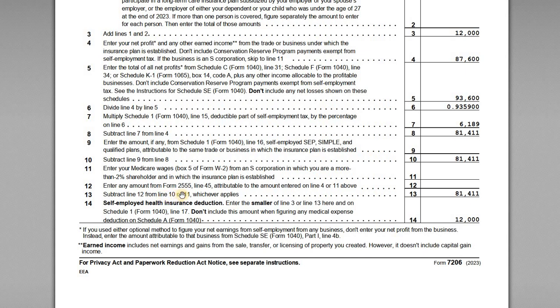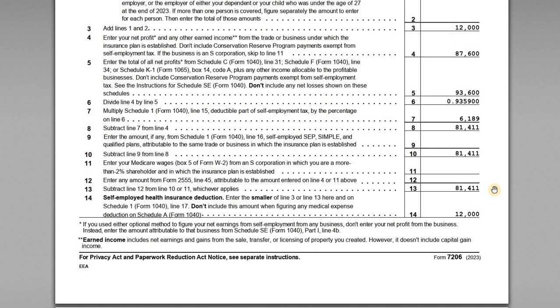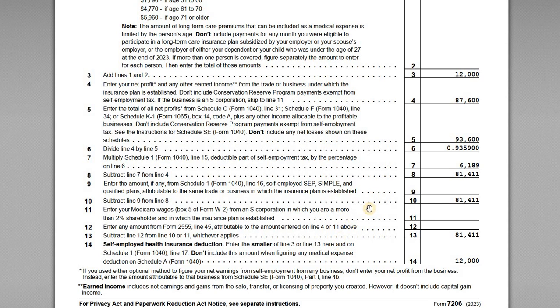Line 12, enter any amount from the Form 2555, so that's a foreign earned income exclusion. We're not completing that. We don't live abroad, so we're not an expat with foreign earnings. So at the bottom here, we've got line 13, $81,411. And so the amount of the deduction here on line 14 is the smaller of line 3 or line 13.